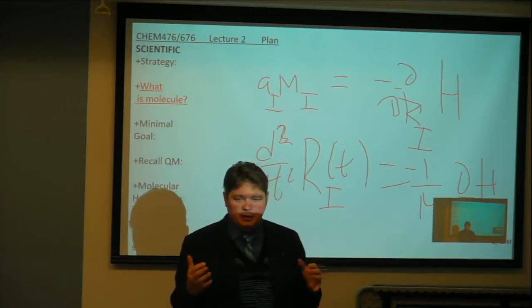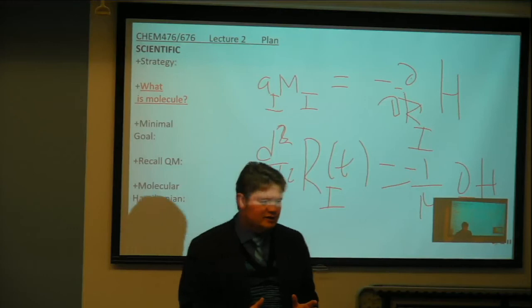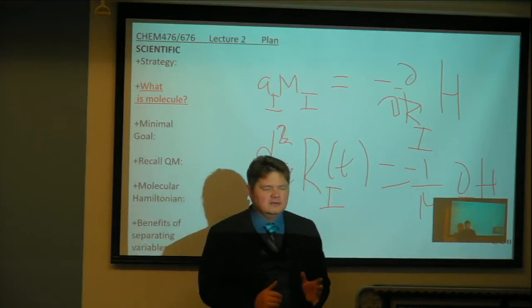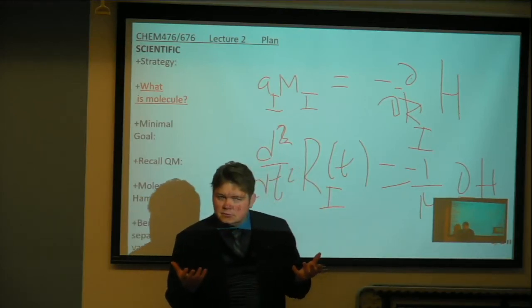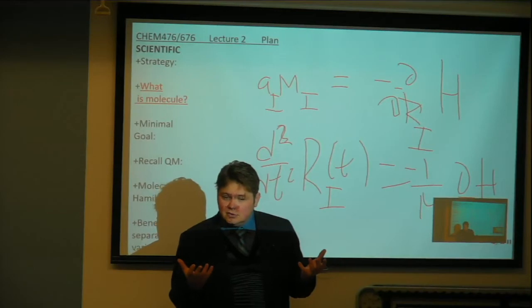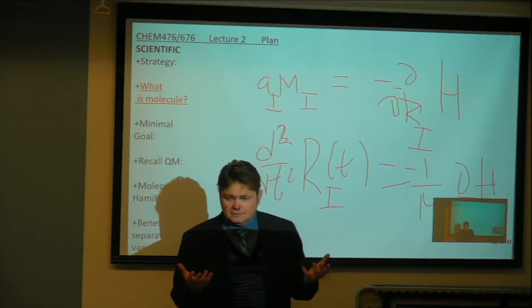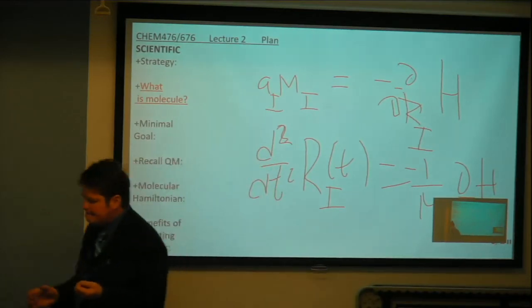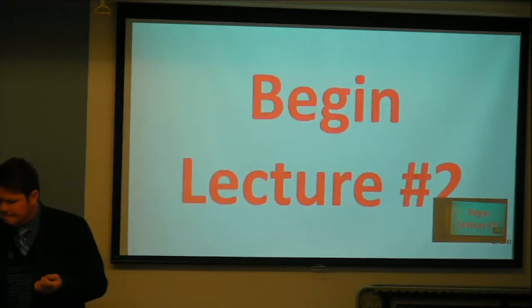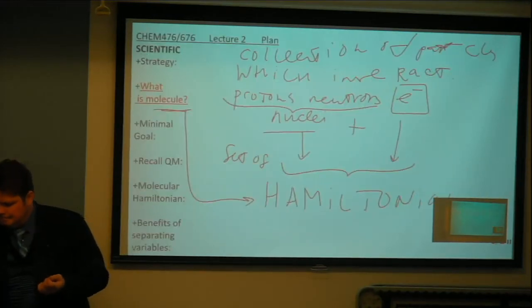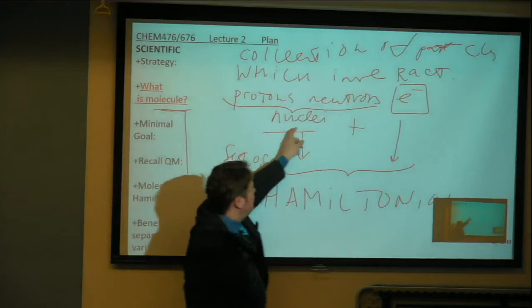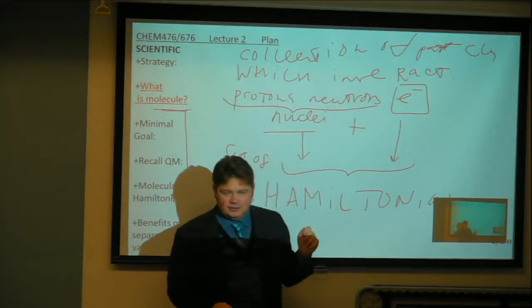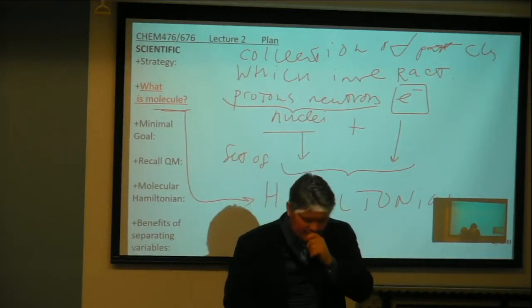And as the output of our little intermediate step, we do have the energy. Nuclei, electrons, we get the Hamiltonian.